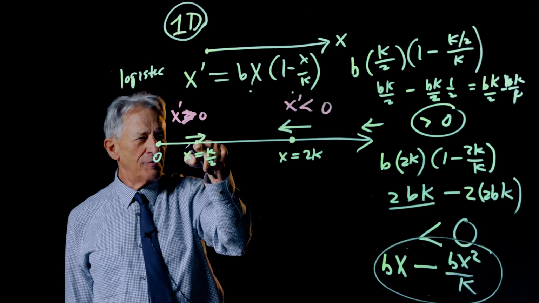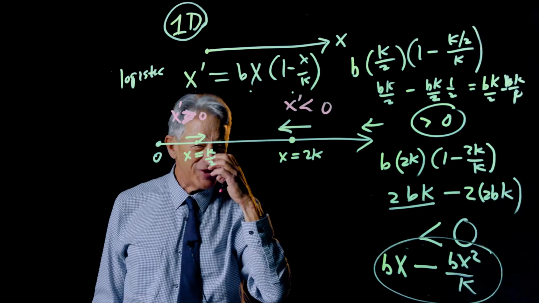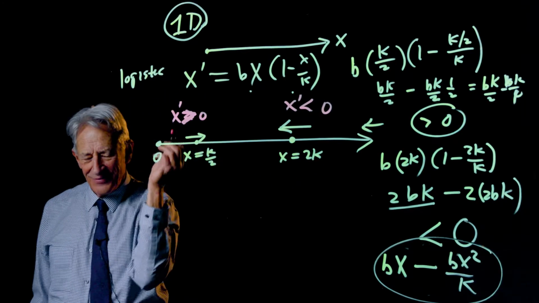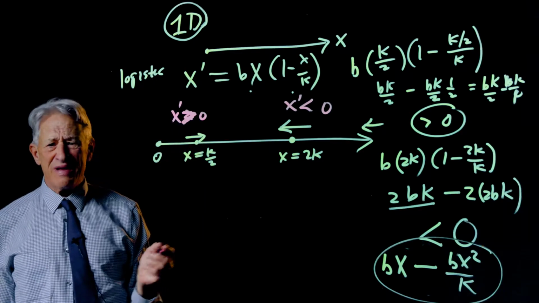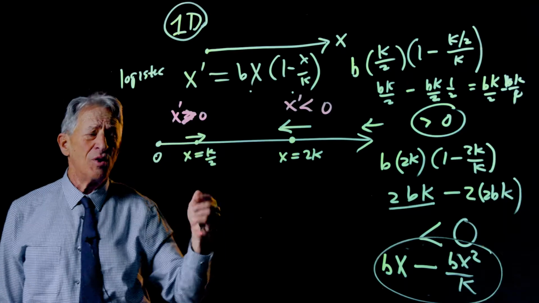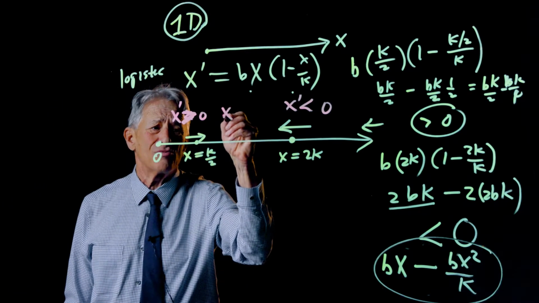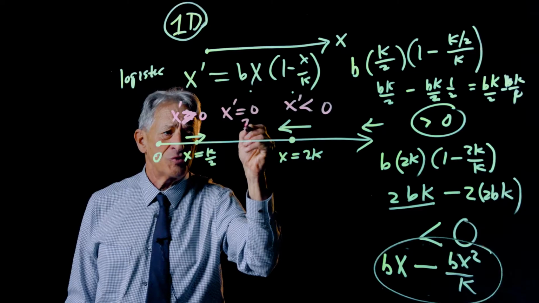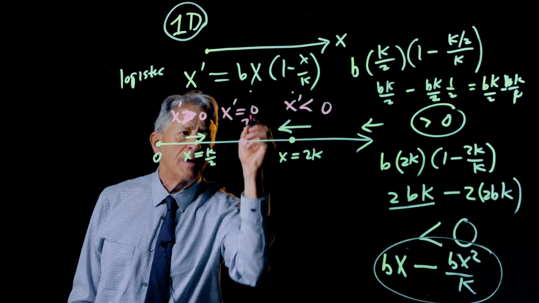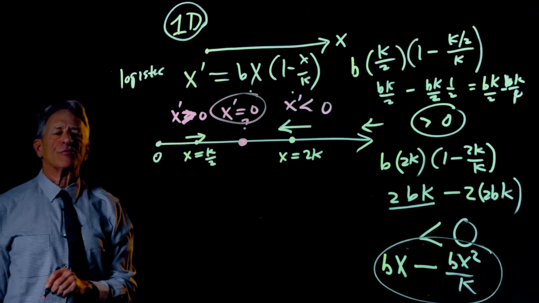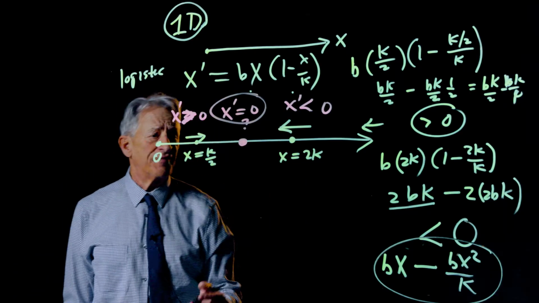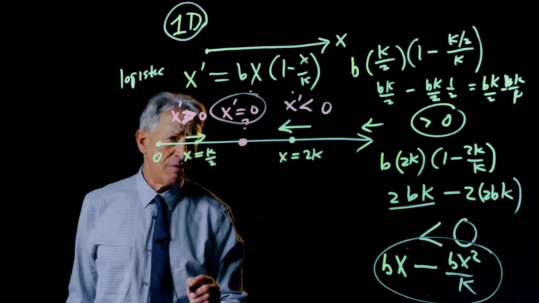So if it's negative over here and positive over here, and we're going from negative to positive, there's a theorem that says you can't go from negative to positive or from positive to negative without passing through 0. And so somewhere here, there has to be a point at which x prime equals 0. And it's easy to find that point.